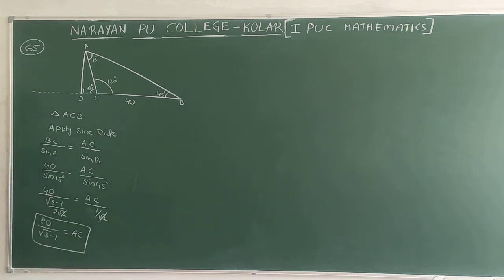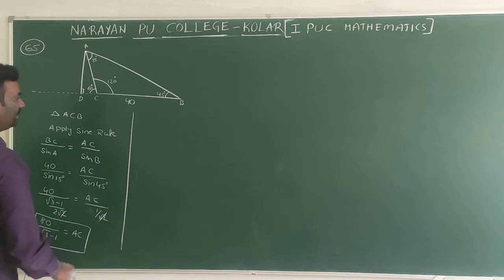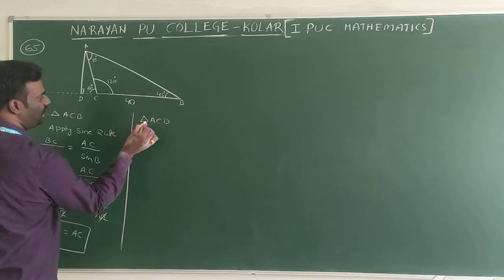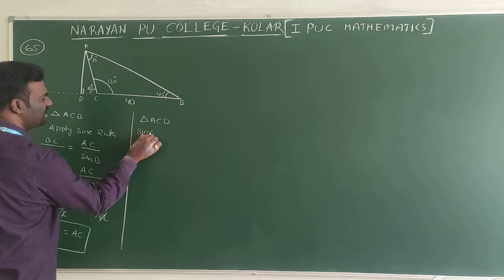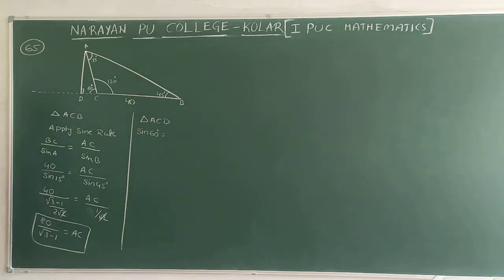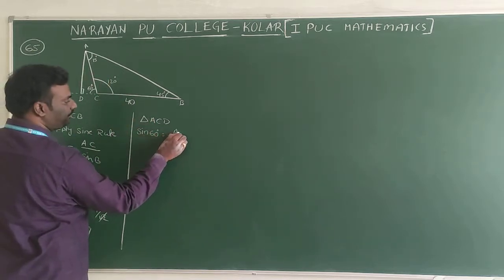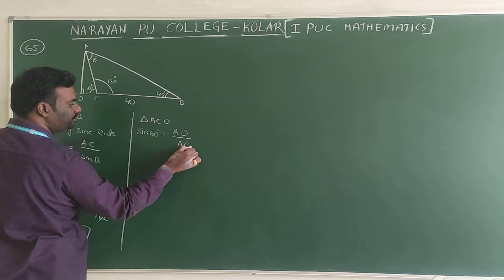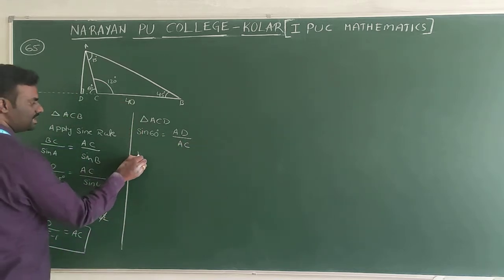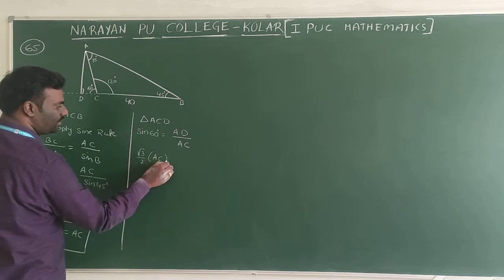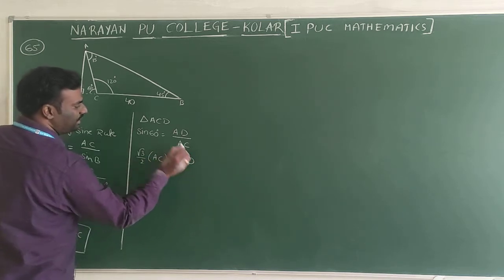But in the question we need to find AD. That's why I am taking the triangle. From triangle ACD, I am applying sine 60. Opposite by hypotenuse. Opposite is AD. Hypotenuse is AC. Okay, sine 60 is nothing but root 3 by 2 into AC is equal to AD.